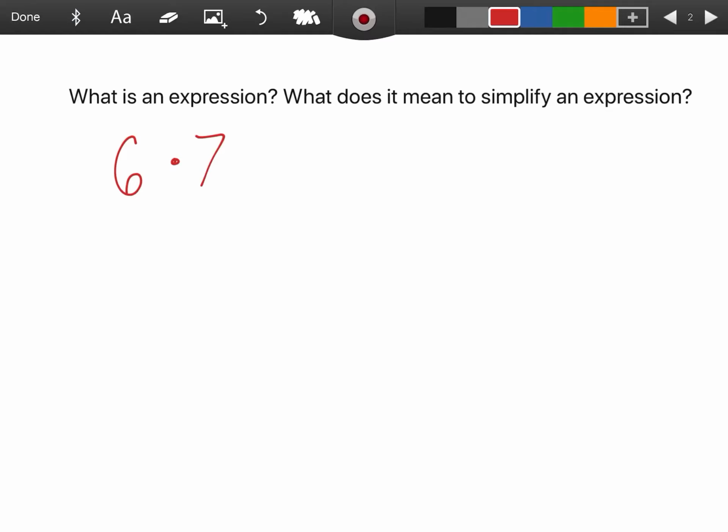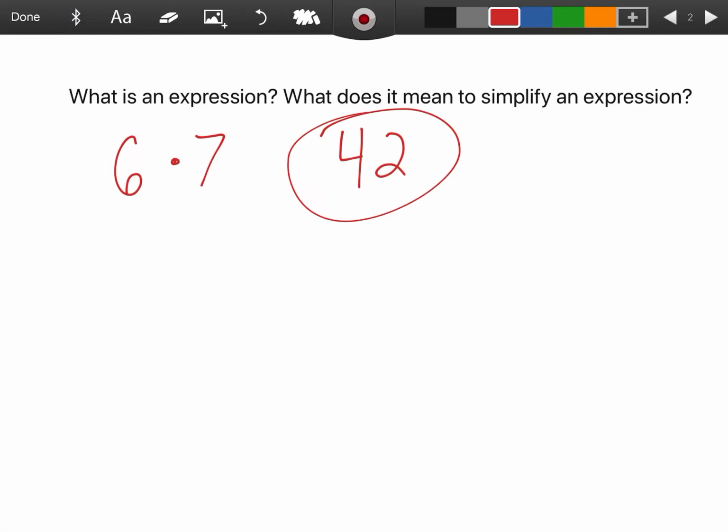So in order to simplify it, well, here we have two different numbers with an operation between them. To simplify it, we want to just be able to write it as just one number. So we do, well, 6 times 7, I know that that's 42. So 6 times 7, simplifying it, we get 42.